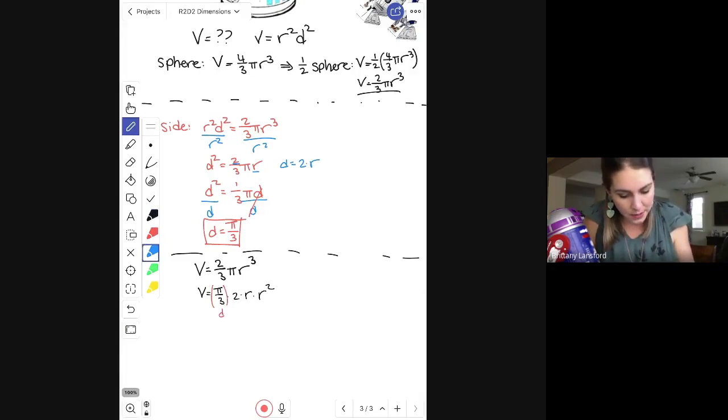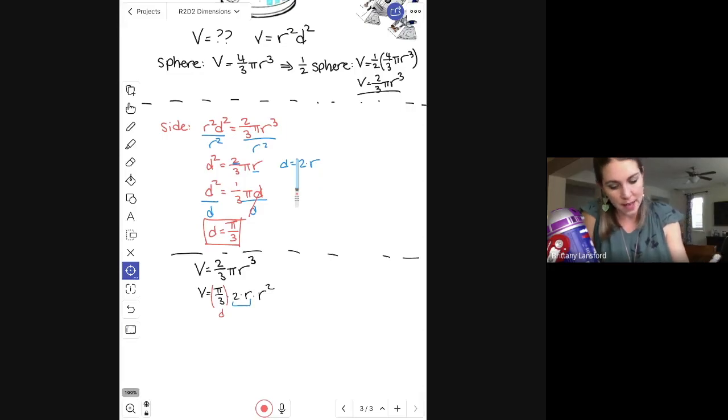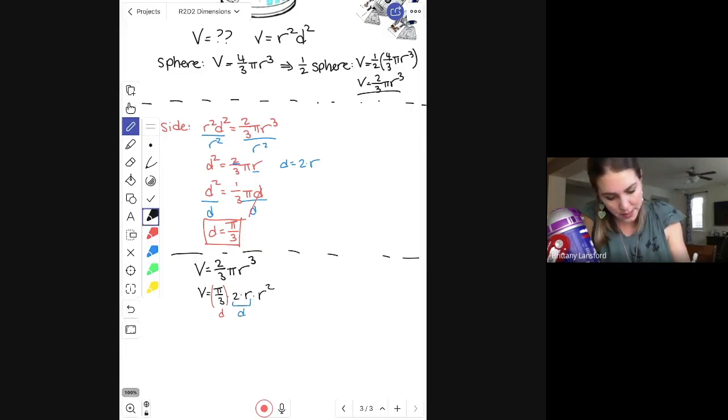Then I notice that this 2r, because of the same principle that the diameter is always 2 times the radius, I can say that 2r is equal to d. So in this case, I have that v is equal to d times r squared.